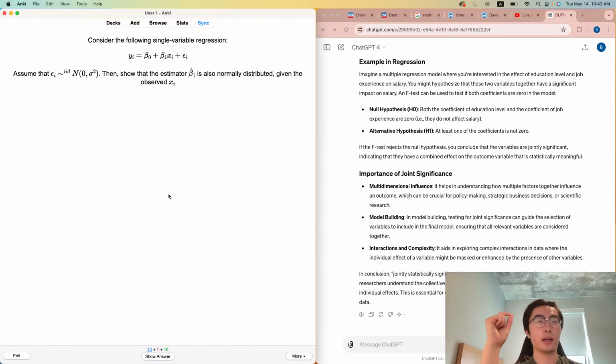And then we multiply that by xi. And so we know xi is fixed here, but we don't know what beta 1 is. But since we're adding all of these beta 1 xi's together, then that means we're just adding a bunch of normal distributions together. We have to. That's the property of the normal distribution. So I think that's how we can show it.